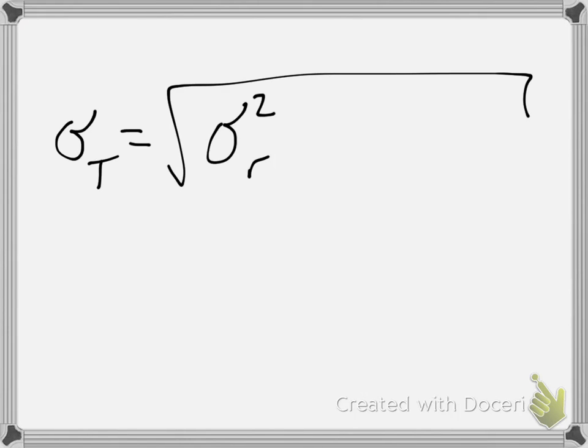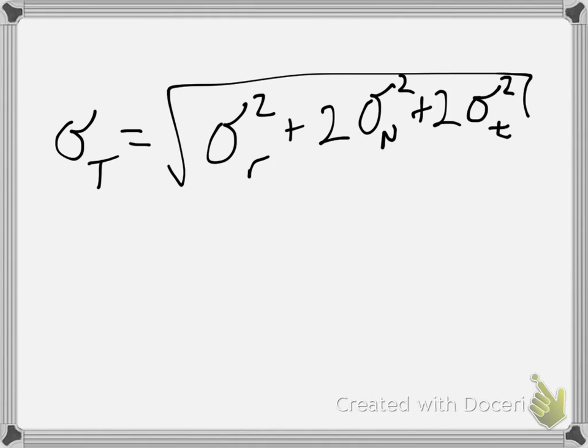So when you finally do the total uncertainty, you can have the uncertainty of r squared plus 2 times the uncertainty of n squared plus 2 times the uncertainty of t squared, because those terms are squared in the term you use to calculate. And if you used omega, then your mileage will vary, right? Because you have to do something slightly different. All right, so this isn't a formula, this is a model.